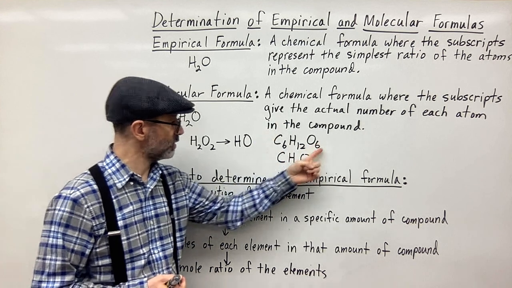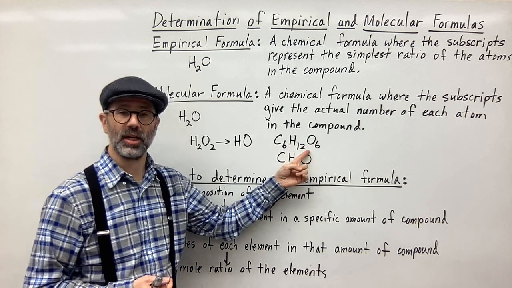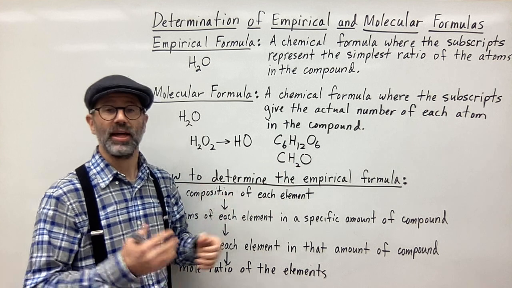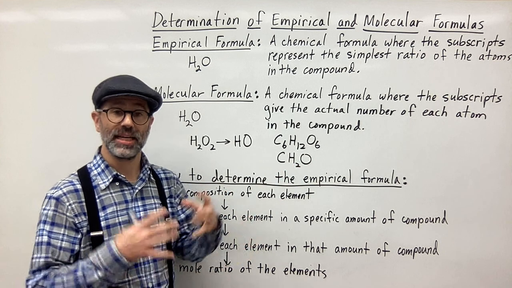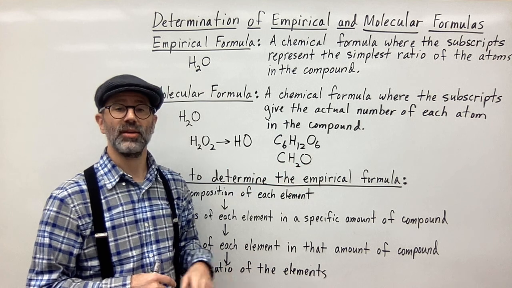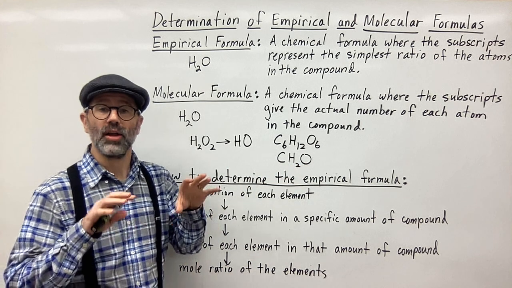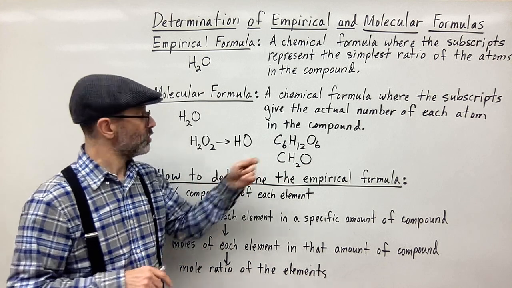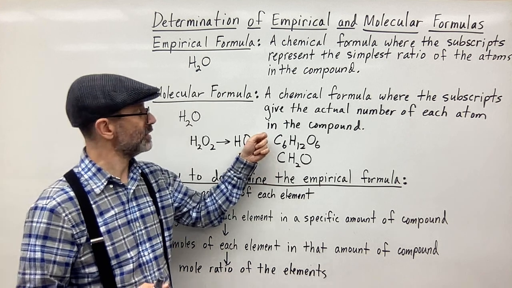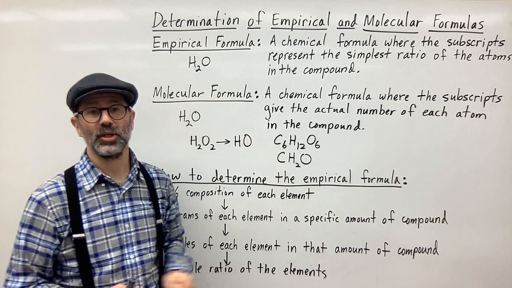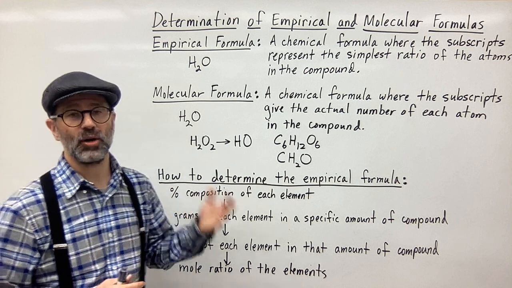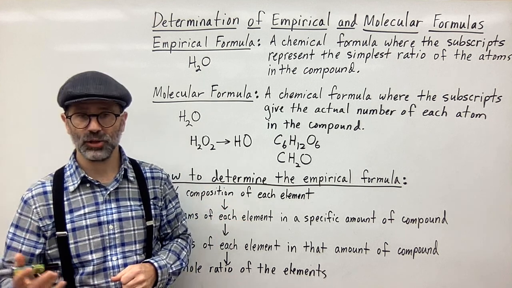So this is the molecular formula, which gives us the actual number of carbon, hydrogen, and oxygen atoms in the molecule, whereas CH2O gives us the simplest whole number ratio. So this is the empirical formula of glucose. This is the molecular formula of glucose. So that is how we distinguish empirical formula from molecular formula.